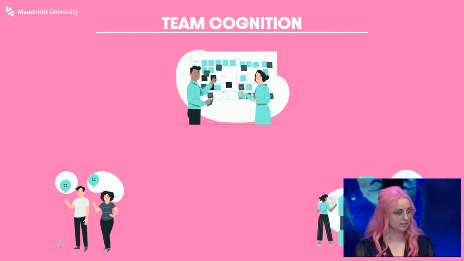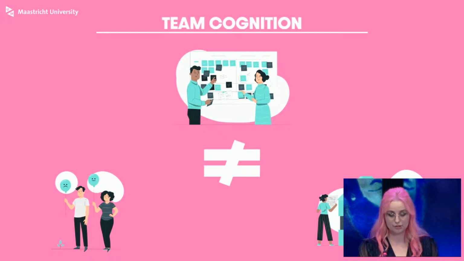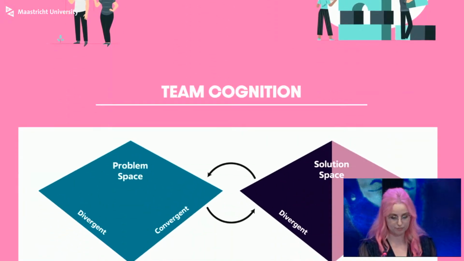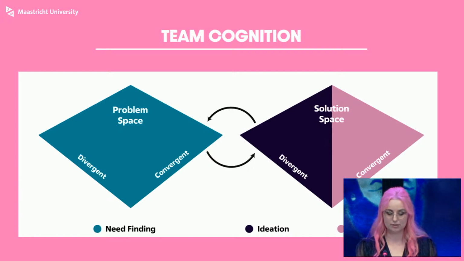As such, different cognitive activities should not be treated the same way when analyzing team communication. This can be easily understood when looking at common patterns of design thinking teams. Teams working with design thinking usually go through 3 stages: need finding, ideation, and prototyping.